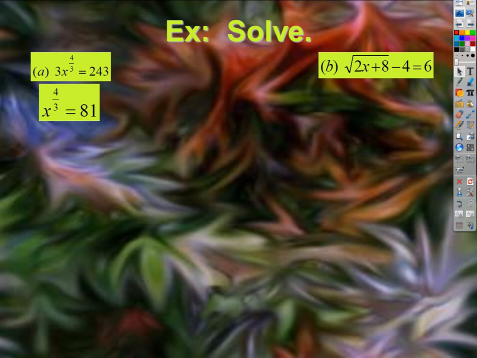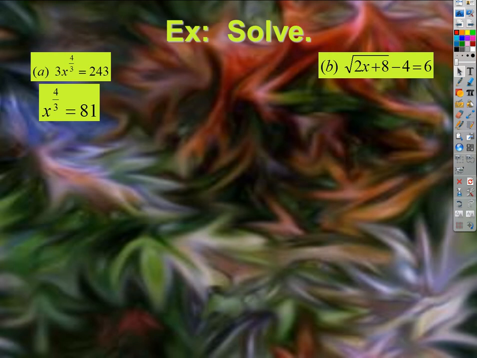Now, those two steps can be combined by just taking our x to the 4 thirds to the 3/4 power. Isn't that the same deal? Cubing and then 4th rooting, but easier. So the rule that'll make your lives a little easier is when I want to undo a fractional exponent, I'm going to take both sides to the reciprocal power.